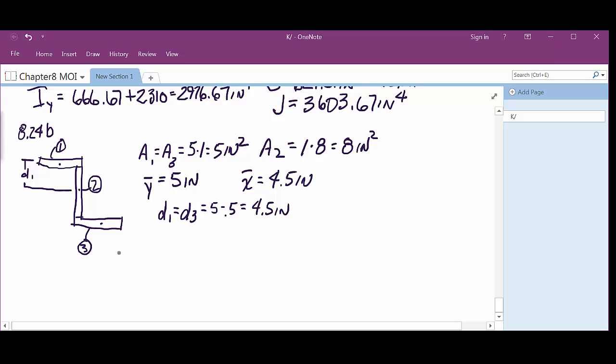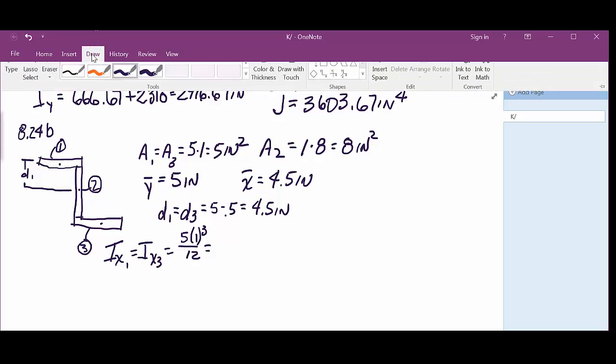So the moment of inertia about the x-axis for 1, and that'll be the same for 3, is the base, which was 5, times the height cubed divided by 12, right? Oh, let's see. I got a little bit more to do there.